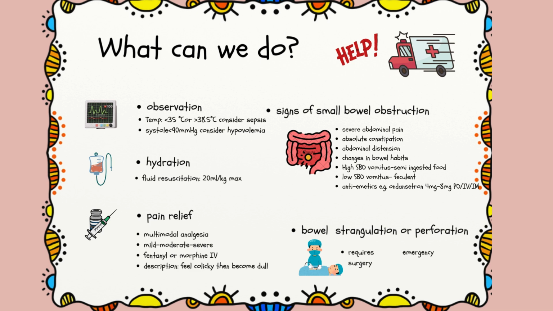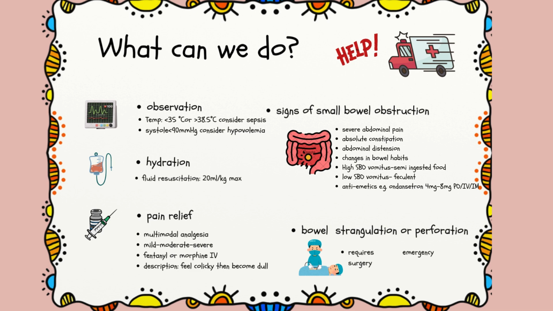Common symptoms of small bowel obstruction include constipation, abdominal distension, and severe pain. Vomiting is also a prevalent symptom associated with small bowel obstruction, varying based on the location. Generally, if the obstruction is proximal, the vomit will consist more of gastric content.